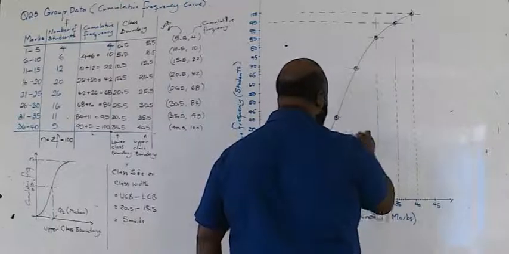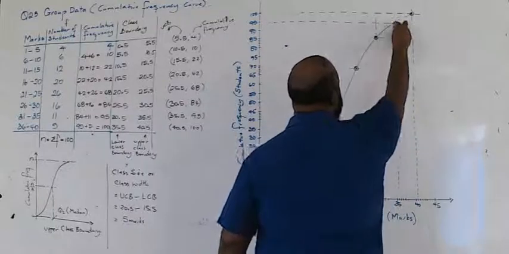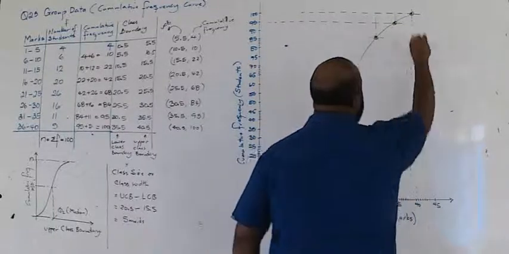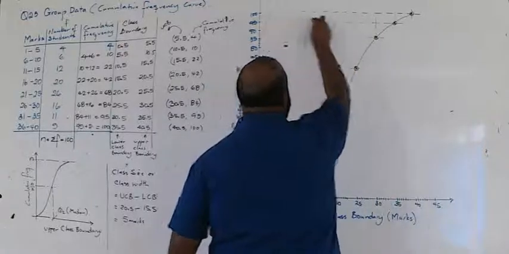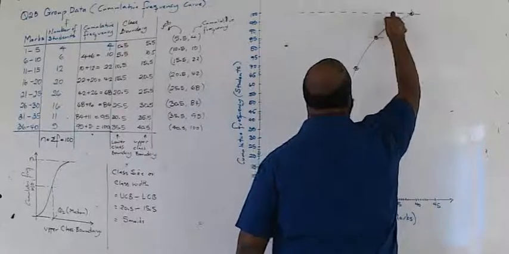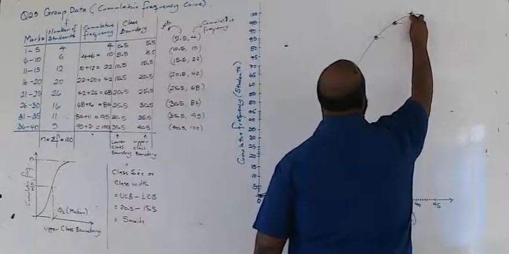On your graph sheet, you would not have these lines. The only reason I drew the lines is because I have no lines on the board.